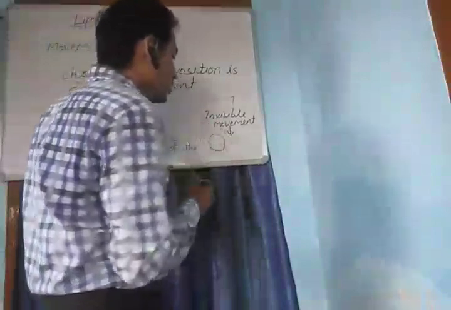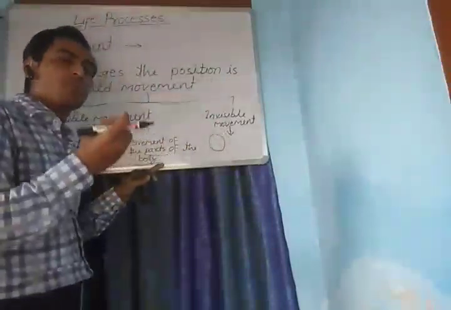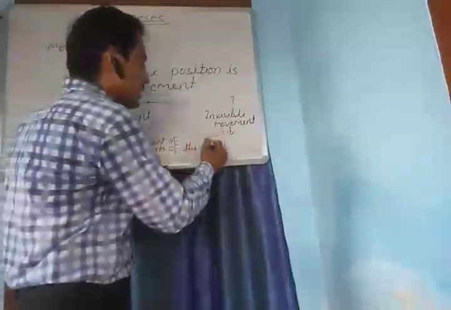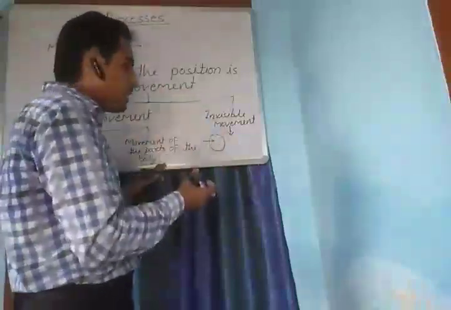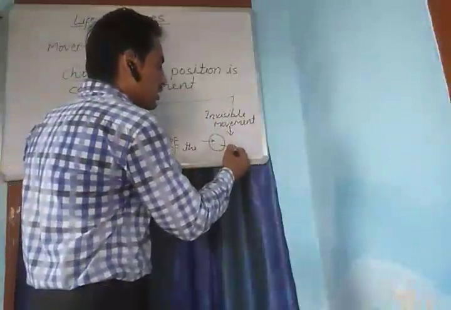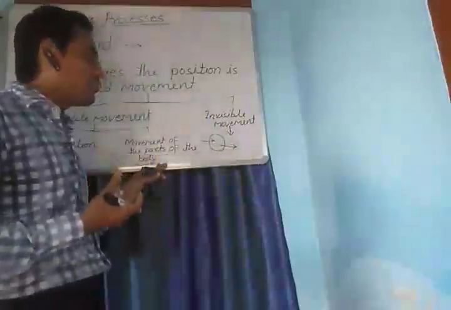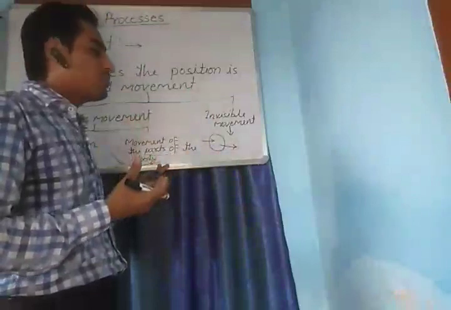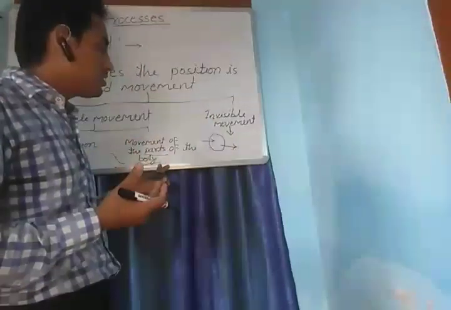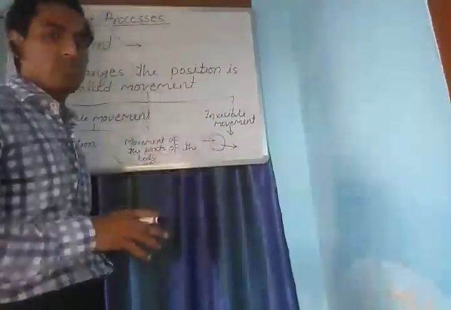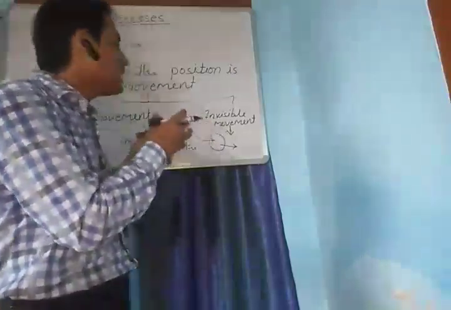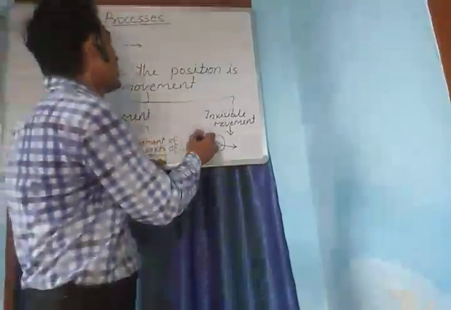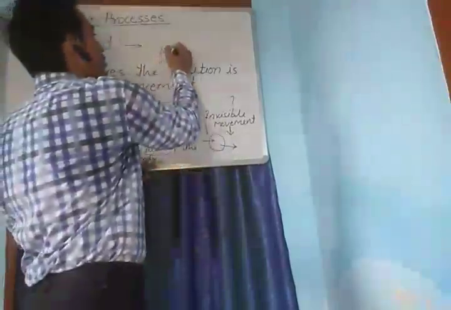We know that nutrients always move inside the cell, and when a waste product is produced inside it, it moves outside the cell. We can't feel it, we can't see it, we can't sense it, but it occurs continuously. This is the invisible movement that is the criterion of a living organism.